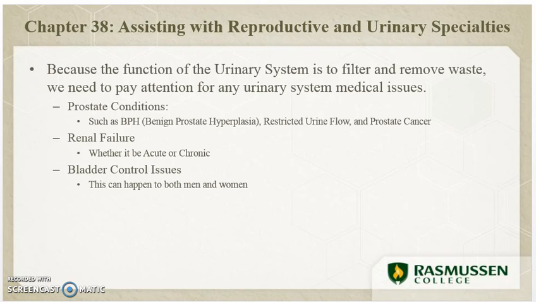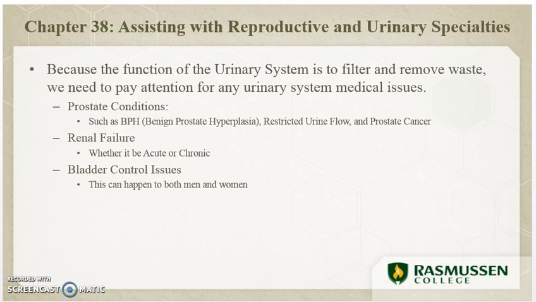Symptoms of urinary tract disorders vary, as do age-related health problems. Most people should urinate 4 to 6 times per day and excrete about 2 quarts of urine per day. Some conditions that we need to pay attention to are prostate conditions, renal failure, and bladder control.